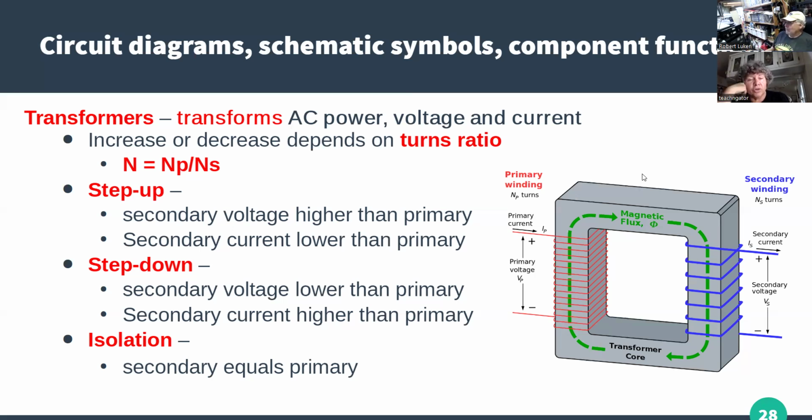We had to use those in Germany for our American stuff. And a lot of times you'll see them as equal. We call that an isolation transformer because there's no electrical connection between what's on this side and what's on this side. So you don't have any kind of ground loops or anything.